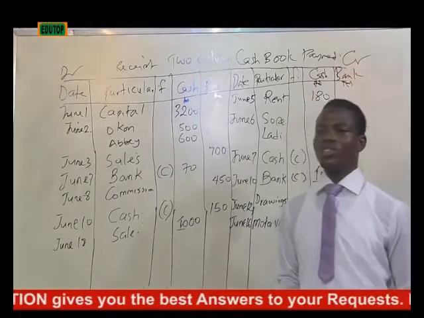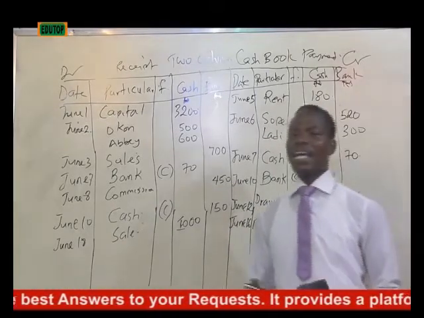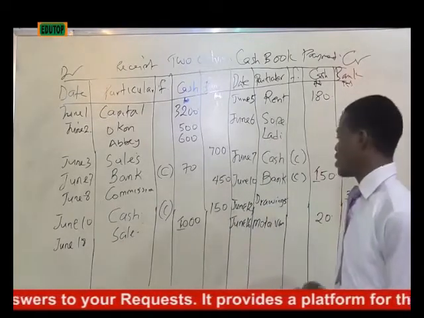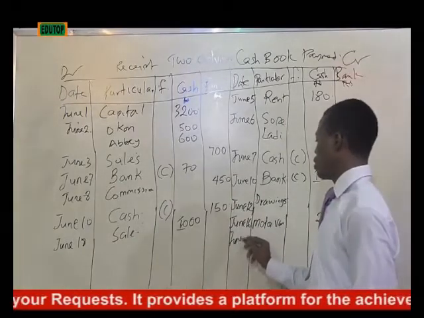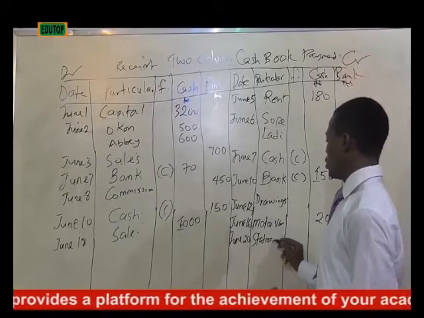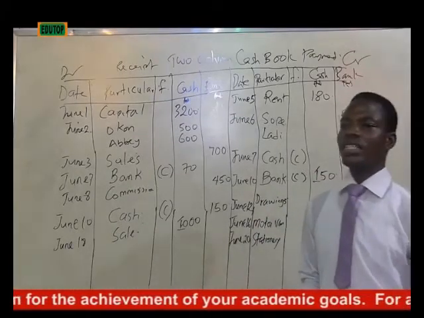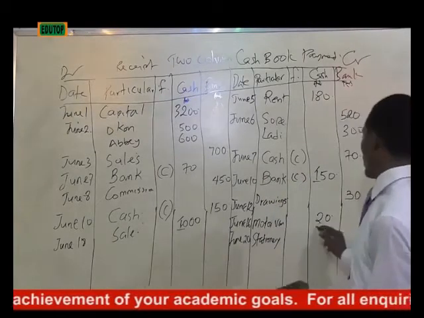Now on June 20, we have bought stationery paying by cash. June 20, stationery. You pay money out of the cash, and it is through cash, which is 170.